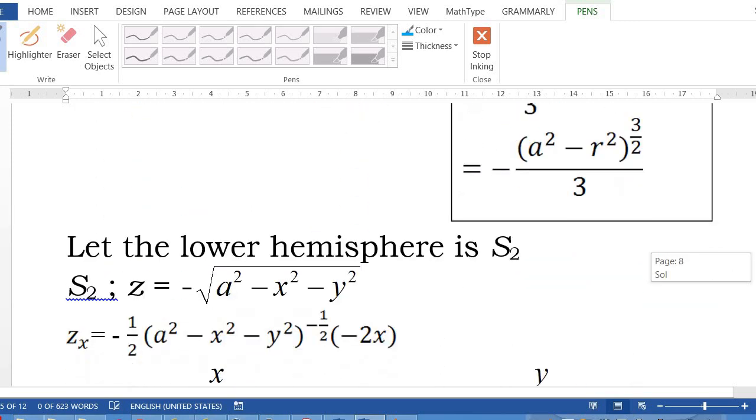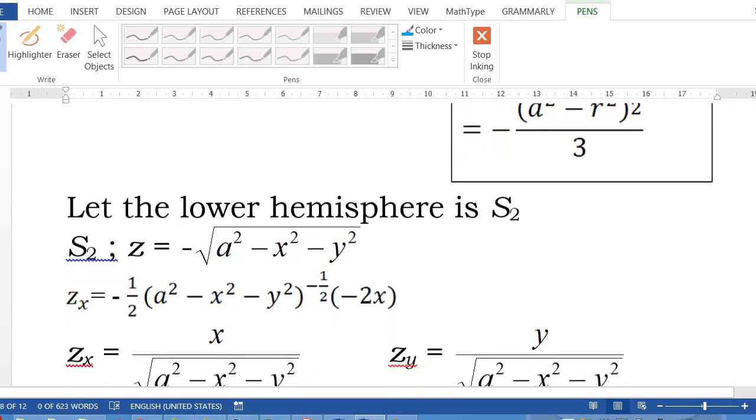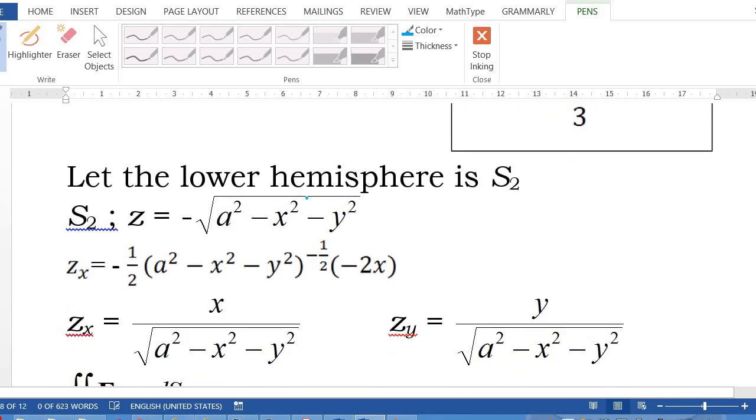Okay, for the lower hemisphere, the difference is z is negative. So z is negative square root of a squared minus x squared minus y squared, and then you find z x, because initially it is negative. The square root is power half. For differentiation, power half minus 1 is minus half, and then del x inside the square root, you get negative 2x.